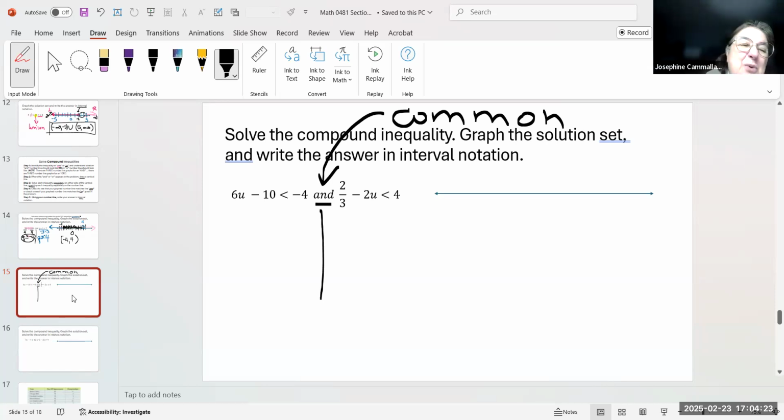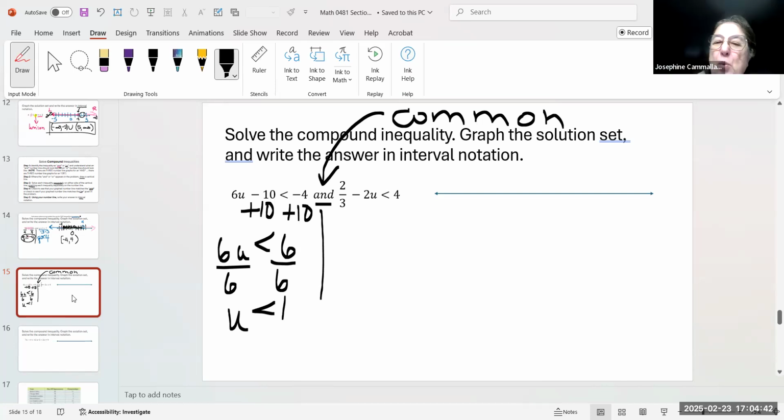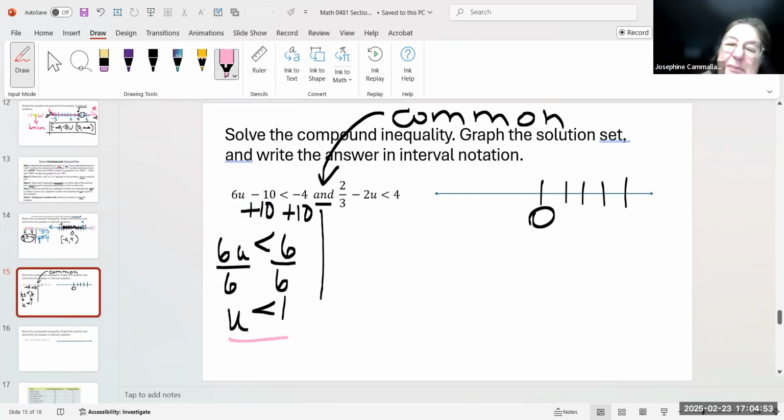Okay, now I'm going to add 10 to both sides. This will give me 6u is greater than 6. Divide by 6. I have u is greater than 1. This is my 0. And right here, this is my open circle at 1. And notice I'm going in this direction.